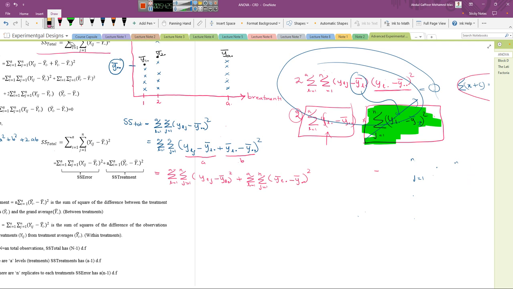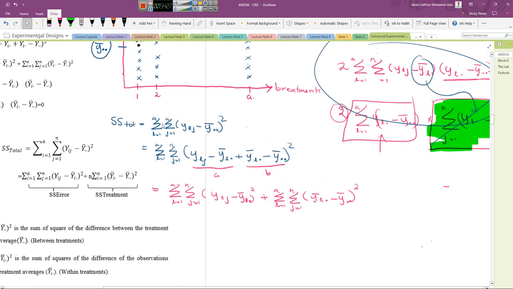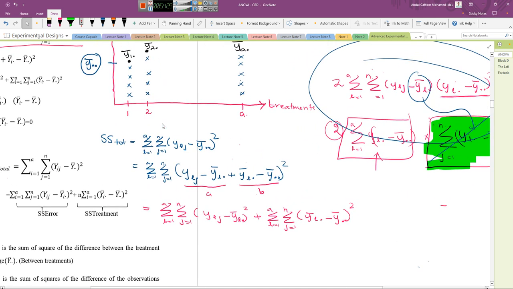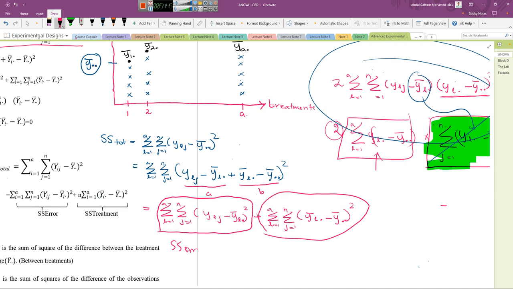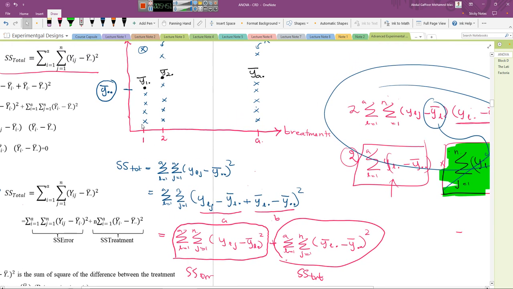Here now I can write the sum of square total is equal to, now this is our sum of square error, and this is our sum of square treatment. Why do I say this is equal to the sum of square treatment?